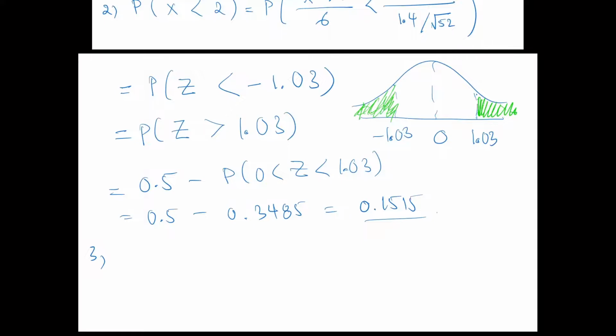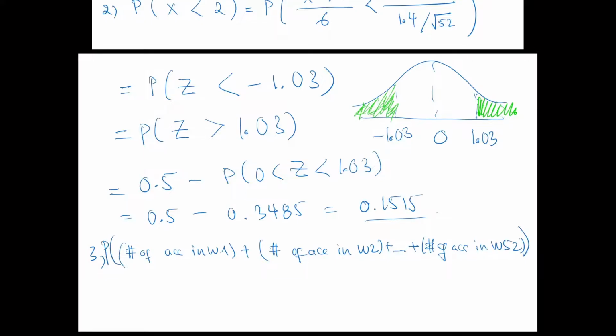So if you add up the number of accidents in week 1 plus the number of accidents in week 2, up until the number of accidents in week 52, what is the chance that this sum is less than 100?